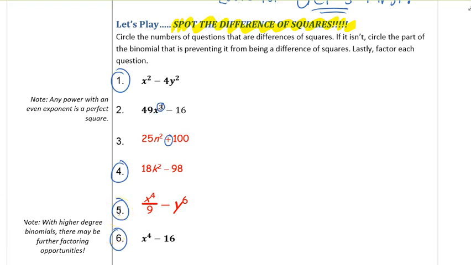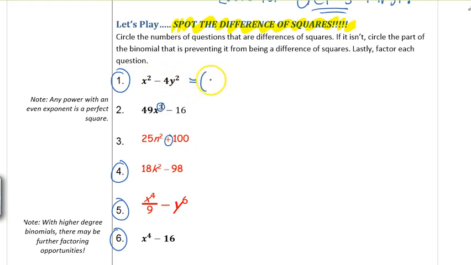Okay. 4 out of the 6 of them are differences of squares. This one gets people, but I'll show you why in a sec. So let's go ahead and factor the ones that we can right away. So say it with me.